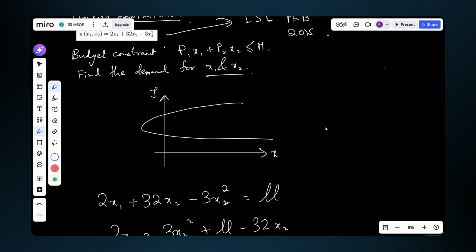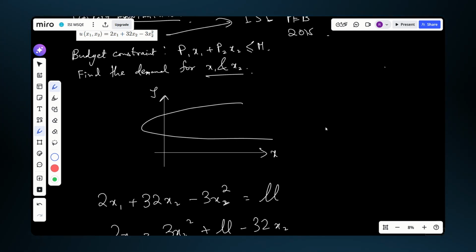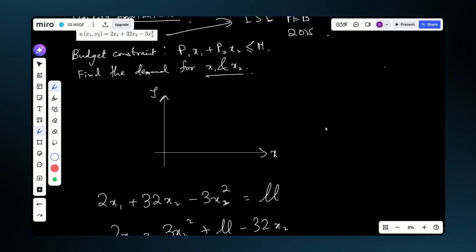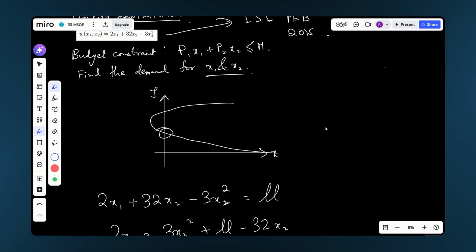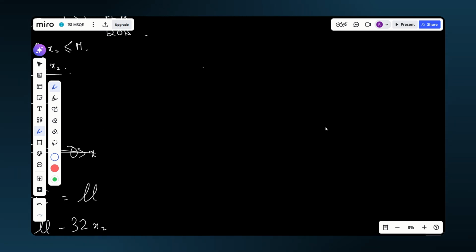This might get a bit complicated to plot. Then after that you need to check all the corner points, how the budget line's slope is compared with the slope of the indifference curve at these corner points. So it might get a little messy.